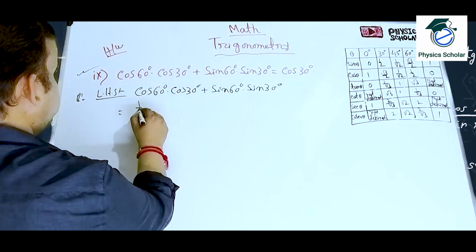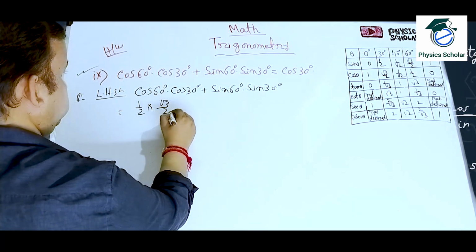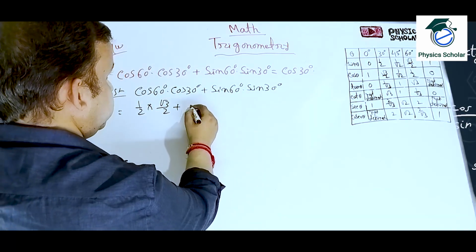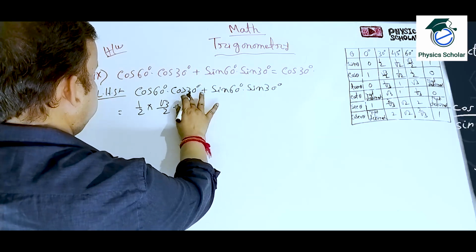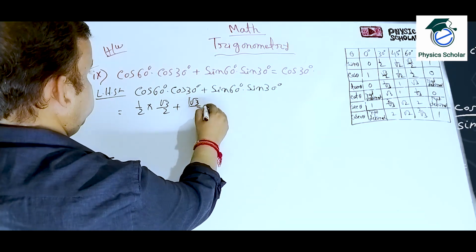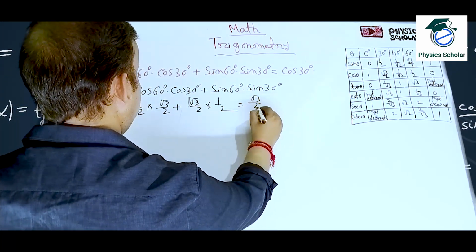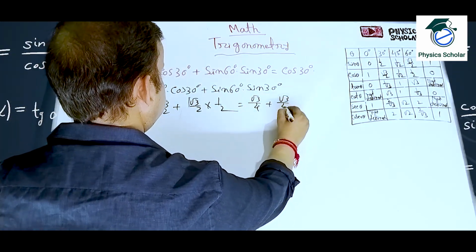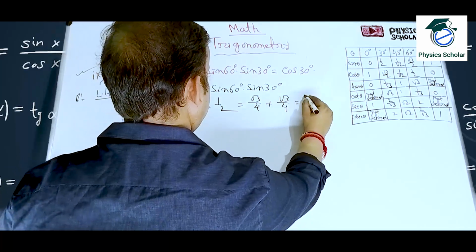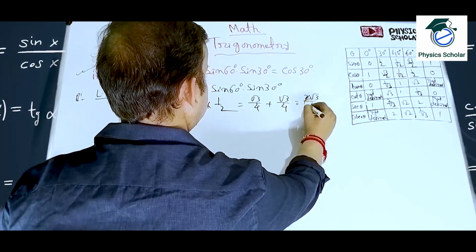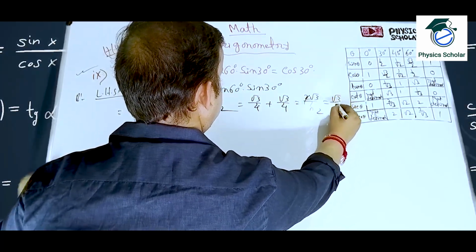Cos 60 value means half into root 3 by 2, plus sin 60 means root 3 by 2 into half. Clear? So it will be root 3 by 4 plus root 3 by 4. So 2 root 3 by 4, so root 3 by 2.